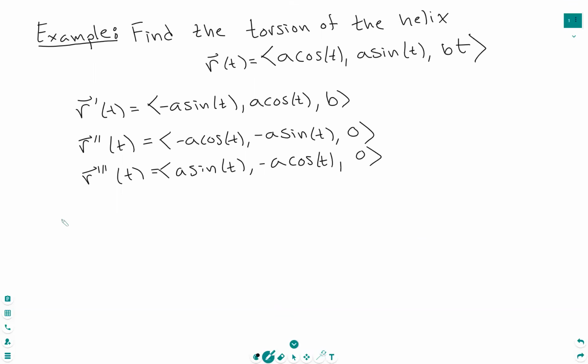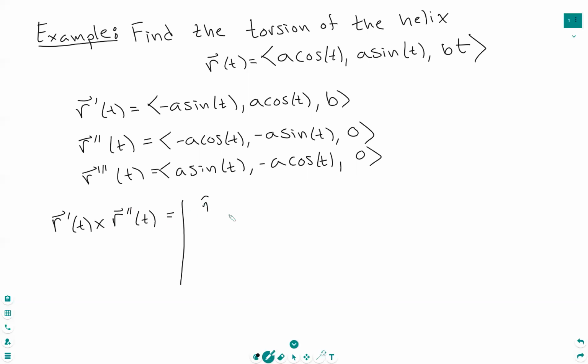Okay, so let's go ahead and calculate this determinant. Actually, let's go ahead and do the denominator first. So let's look at r prime of t crossed with r double prime of t. So that's velocity crossed with acceleration.